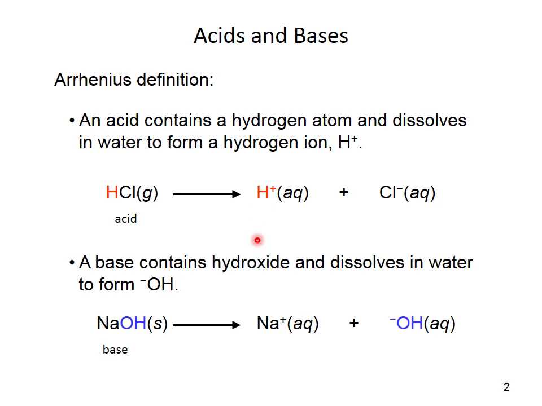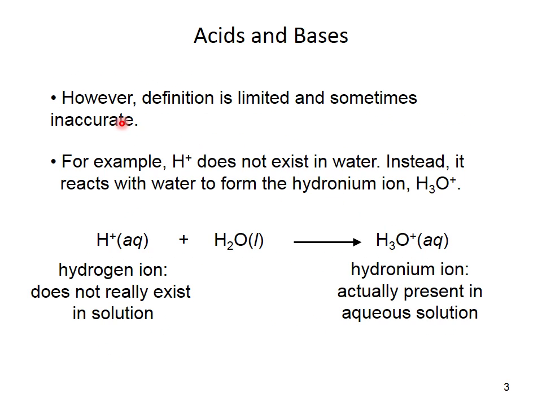So anything that produces hydrogen ions when put into water is considered to be an acid. Likewise, when a base, for instance sodium hydroxide, is put into water, it produces hydroxide. So we can define a base as that which produces hydroxide in water. This definition sometimes doesn't cover all of our acids and bases.